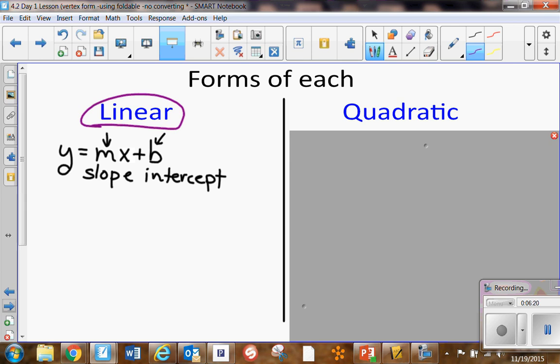What other forms did you have with linear? Point slope. What was that? This is the one that usually kids are least familiar with. With the point slope, let's say you're given that it goes through the point (2, 3), and you have a slope of negative 1. Remember this one?